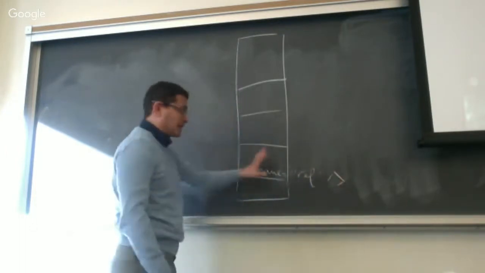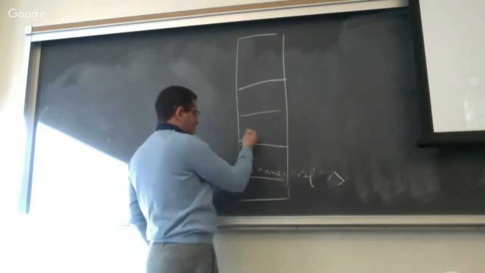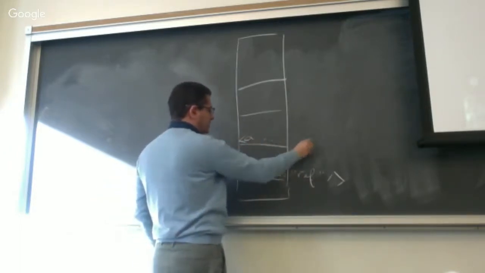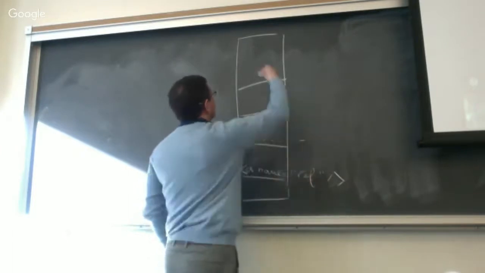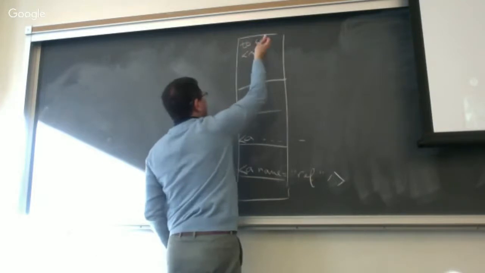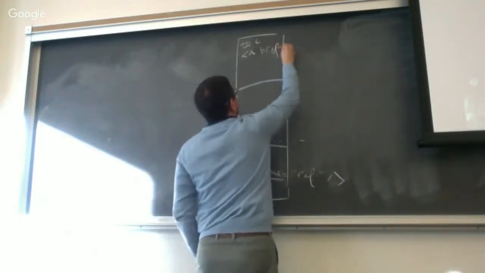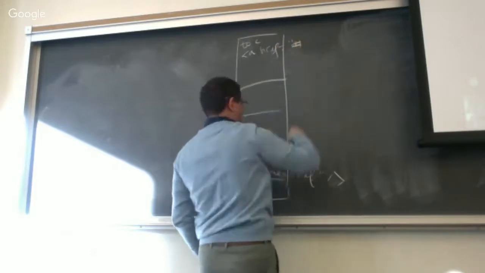Not a hyperlink, but an anchor. Then in the table of contents you can create real hyperlinks whose href is equal to hash, and then the names that you have.